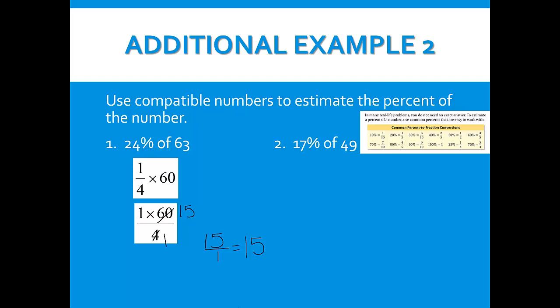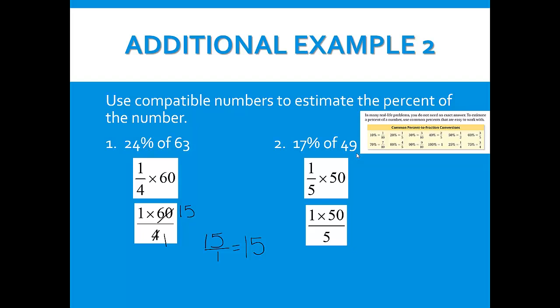For number 2, we're finding 17% of 49. 17% is close to 20%, and 20% is 1/5. 49 could then be changed to 50 because that would be a compatible number. So we're going to have 1/5 times 50. 1/5 times 50 would be 1 times 50 for the numerator over 5 for the denominator.